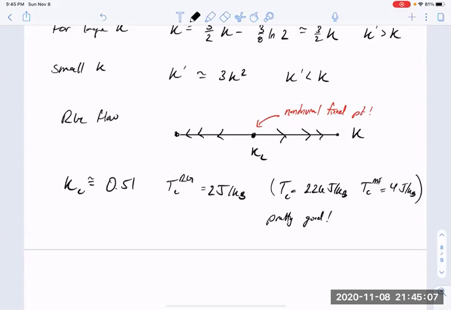Mind you, Onsager's exact solution takes about 40 pages of algebra. We've just sketched this out in 2 pages, and we're getting a pretty quantitative estimate of the critical point. And in fact, as I've alluded to, one can do better. One can make a slightly more quantitative estimate by adding some bells and whistles.